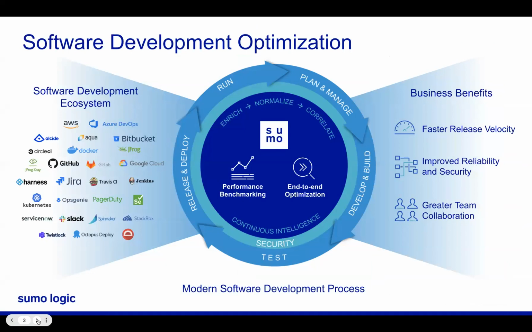This can start with Jenkins, GitHub, Jira, multiple tools which are part of a DevOps tool set. You may already be sending this data as a customer to Sumo Logic to get multiple processes optimized and enriched, and to understand your ecosystem better.